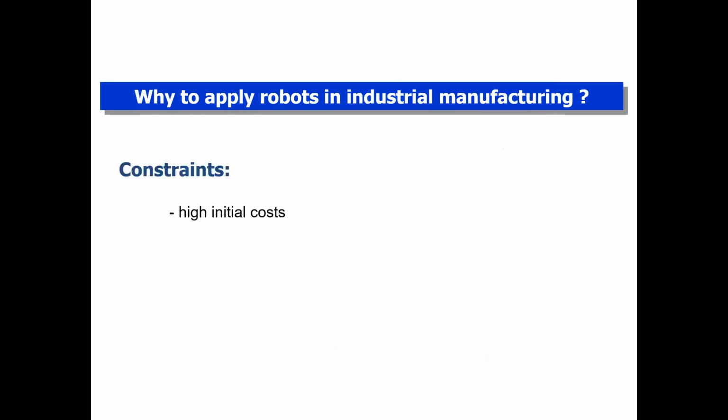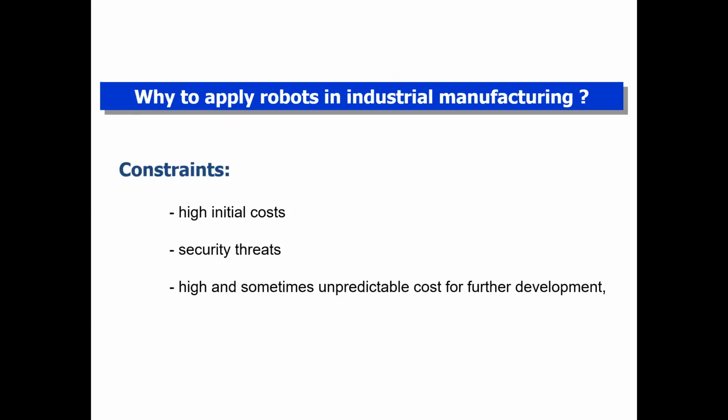There are some constraints. First, obviously, you have to buy the robot, and it's not cheap. Sometimes there are accidents with robots, so there are security threats. Then there might be additional costs which are not predictable.